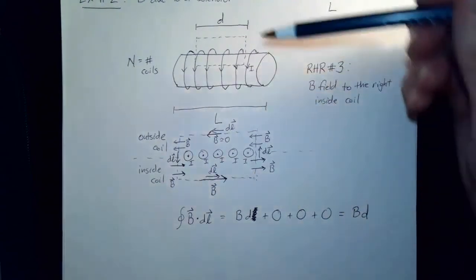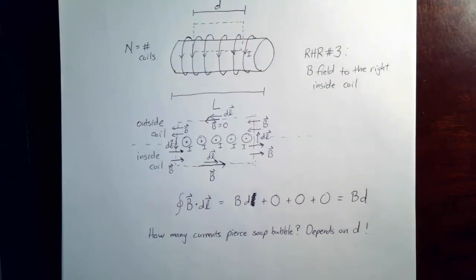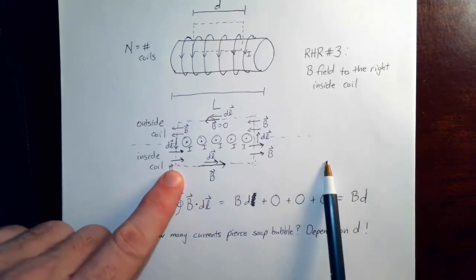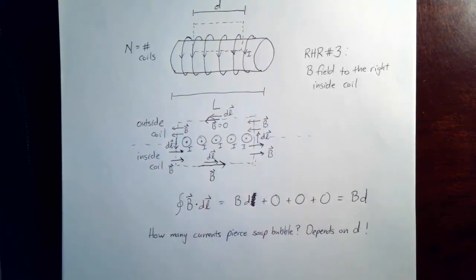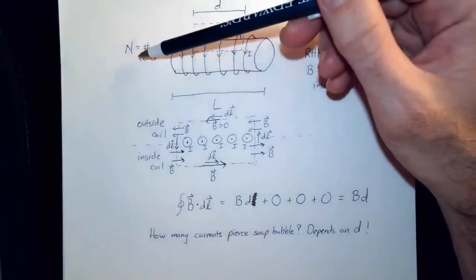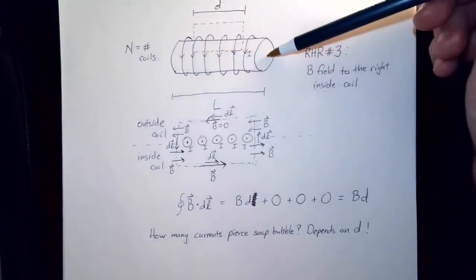To figure that out, it's going to depend on the length of our rectangle, right? So how many currents pierce the soap bubble? It depends on d. A wider rectangle is going to enclose more currents than a narrower one. So the way that we're going to figure this out is by noting that we know that there are N coils, and we're assuming they're evenly distributed along this length.